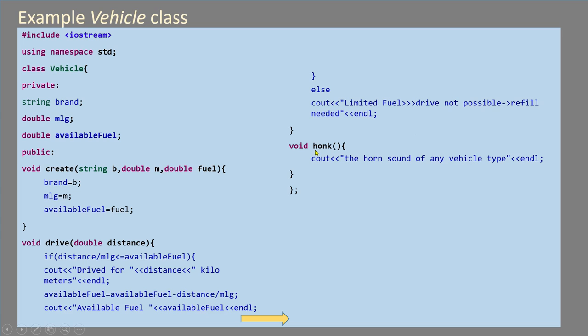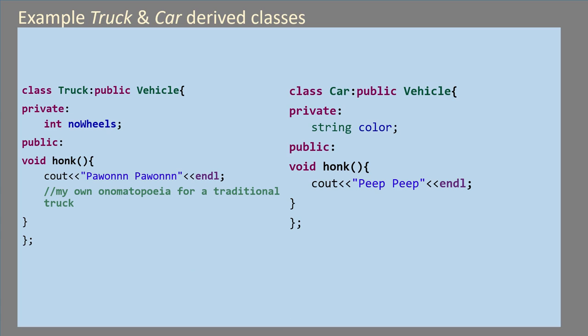This is the third function, honk. Each derived object will have its own honking capability, I mean the horn type. These are the two derived classes. One is, for example, class truck, that has been publicly derived from the vehicle class.